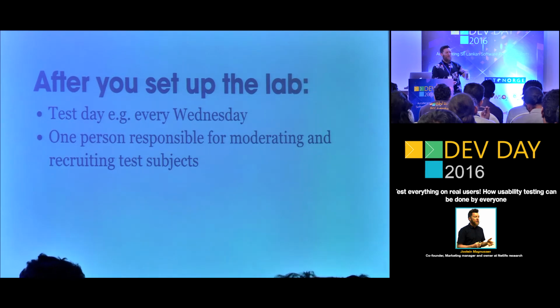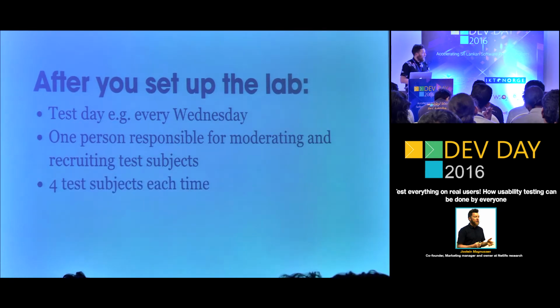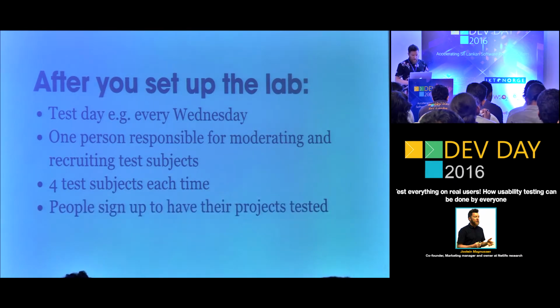So it could be smart to switch, so you get somebody on another project to test what you are building. And 4 test subjects each time is often enough for this kind of continuous testing every Wednesday.